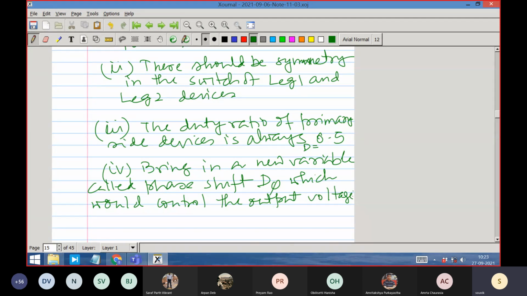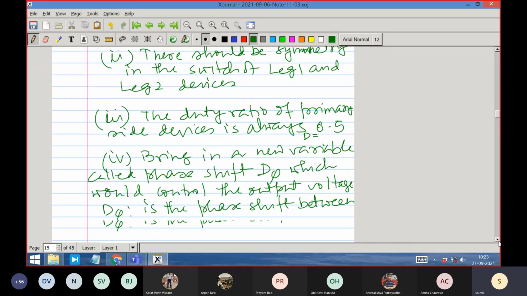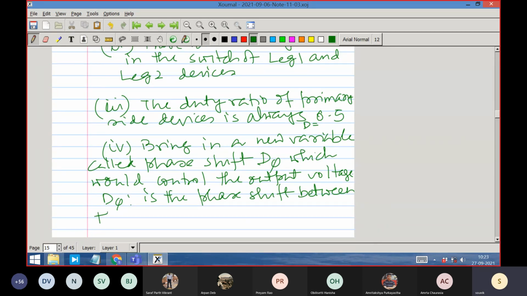What is d phi? D phi is the phase shift between the leg 1 and leg 2 pulses or switching signals.